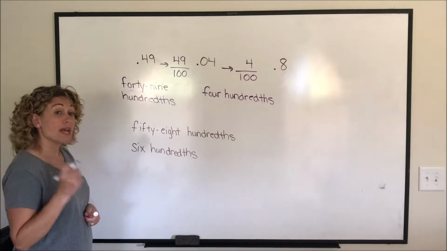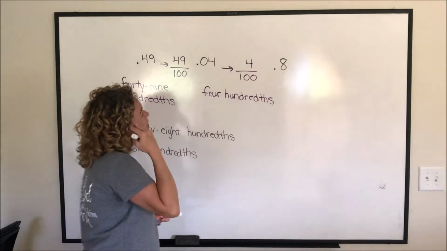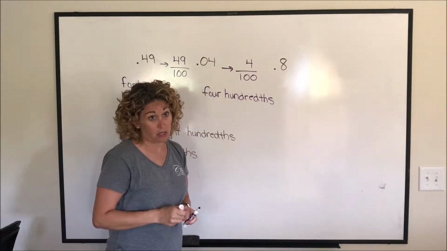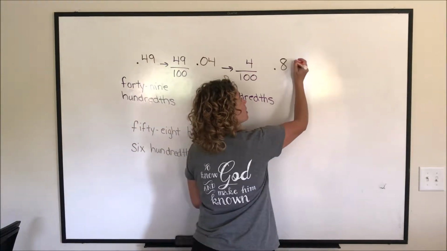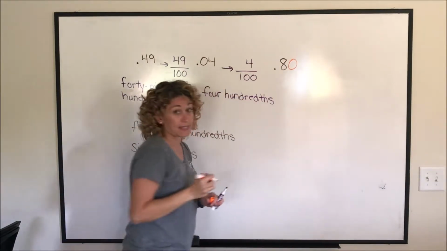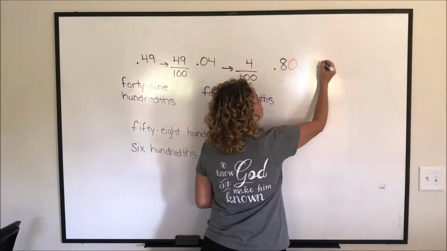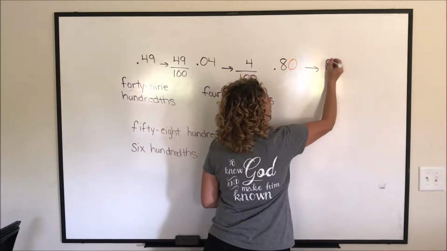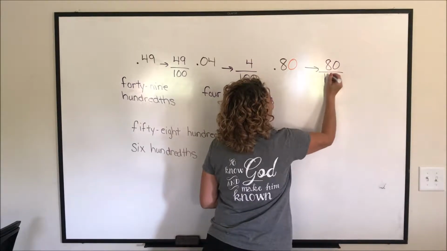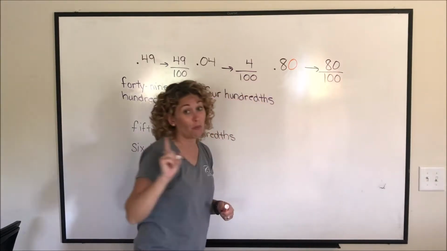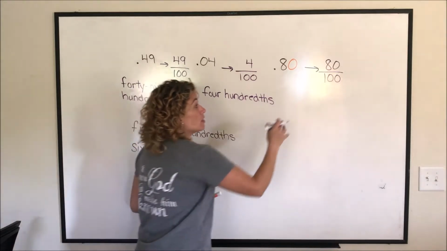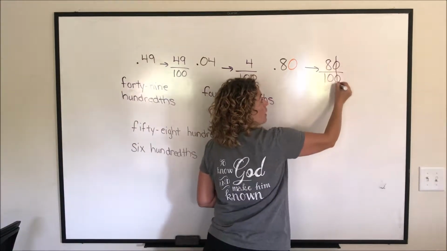Okay. The next one, okay, if this was money, this really would mean 80 cents, right? So that would mean 80 over 100. But we know now, we've done this enough, those zeros are going to cancel each other out.